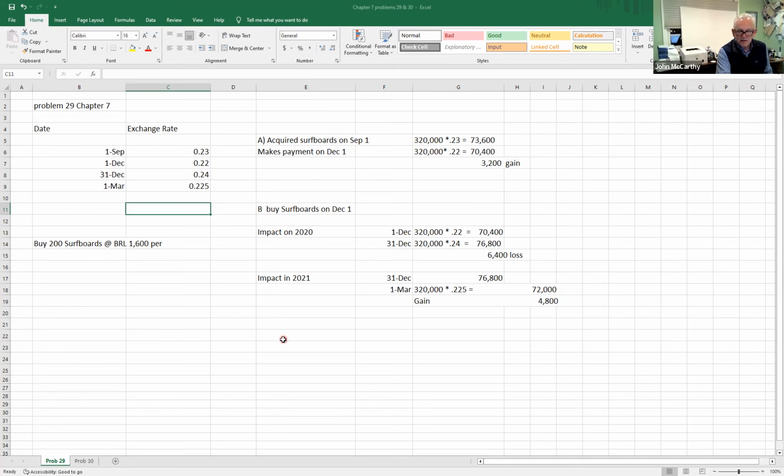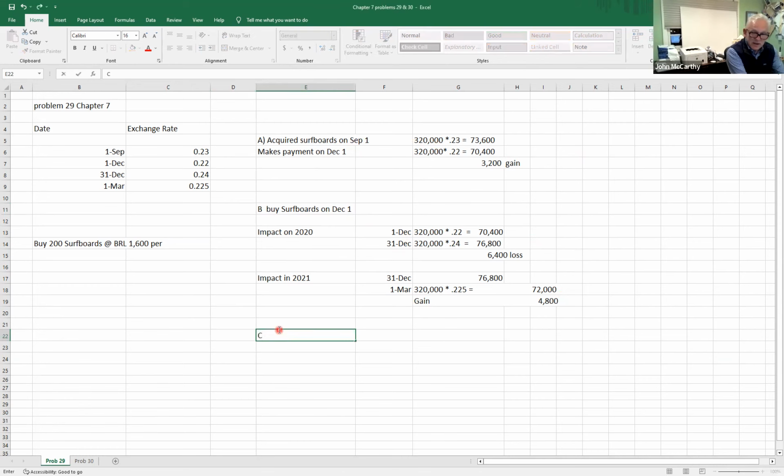So in C, it's going to be 3,200, which is a gain, minus 6,400, which is a loss. So it's going to be a loss of 3,200 in 2020.